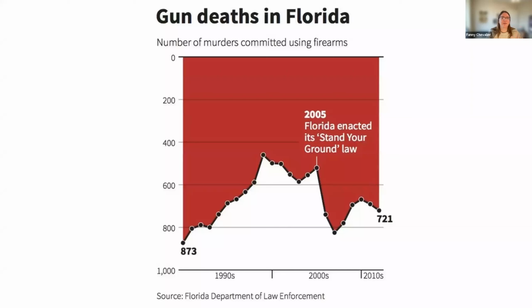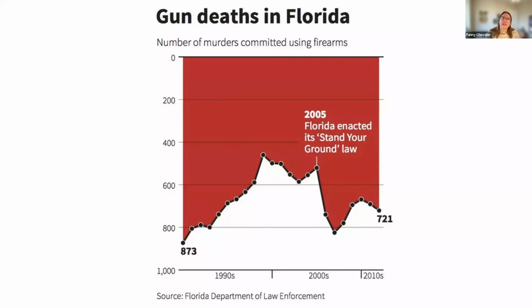So let's see an example. Many of you are probably familiar with this example. It's been shown several times. It's a simple visual representation that shows the number of murders committed using firearms in Florida for the past 30 years or so.